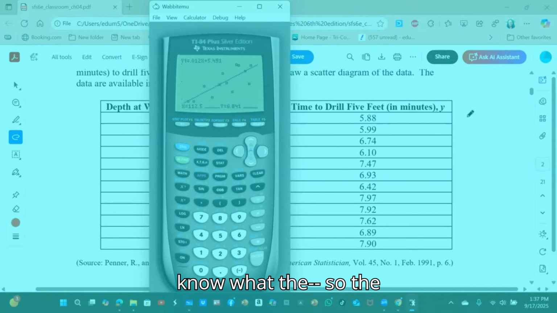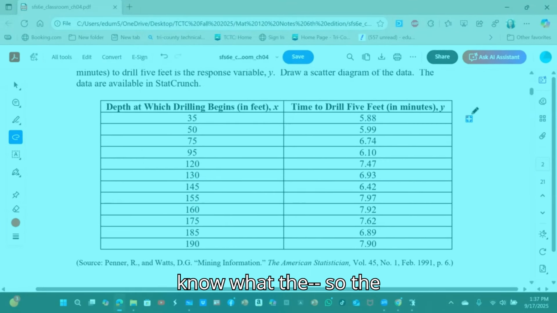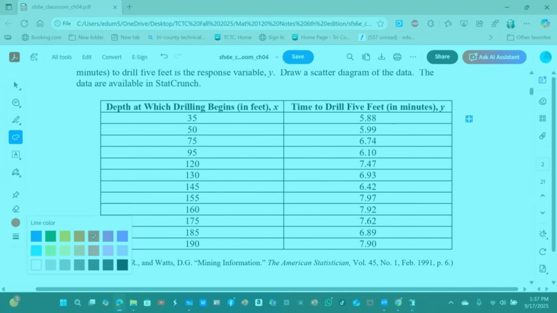I already know what the equation is, y equal to, and A, according to the equation, is 0.012.